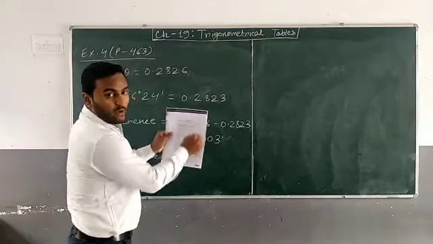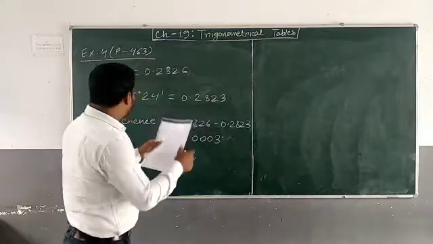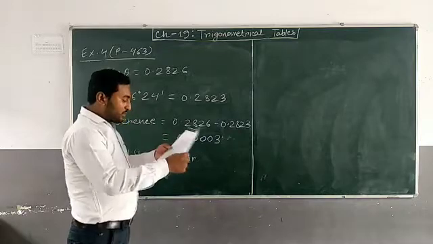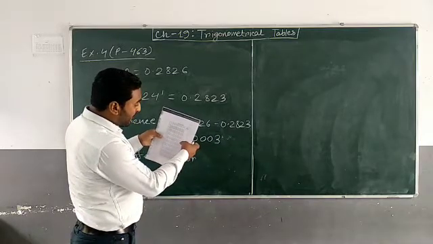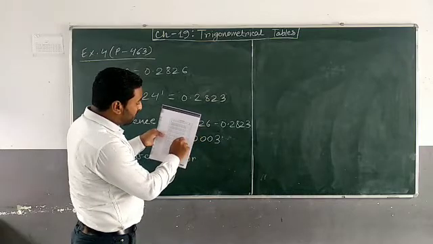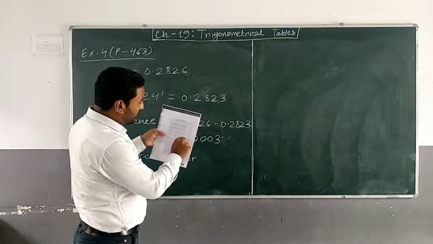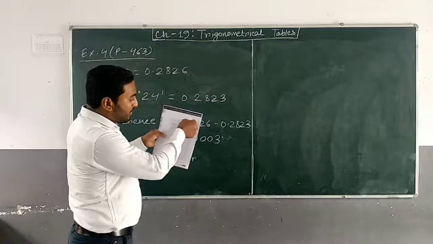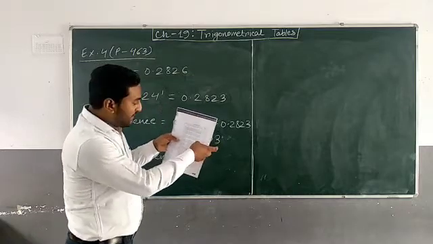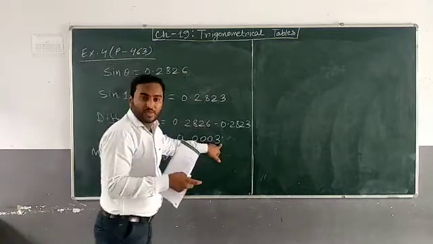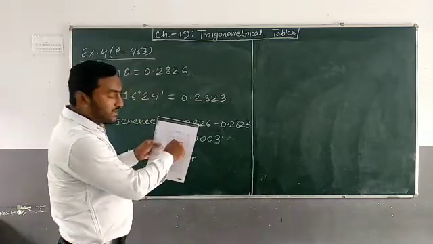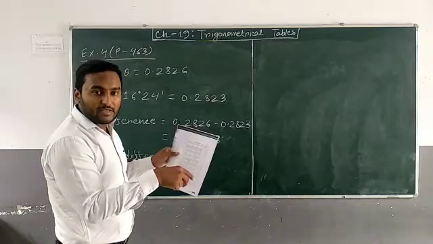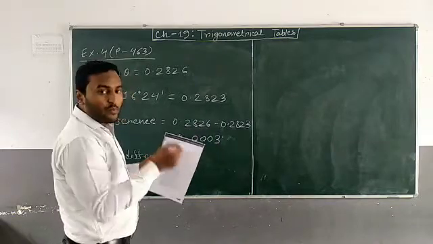Mean differences column means the last 5 columns. So see the 16-degree row. In the 16-degree row, in the mean differences columns there is 3 in the 1 minute column. As I have told already, this 3 means we have to write it in 4 decimal places form, so 3 will be 0.0003.